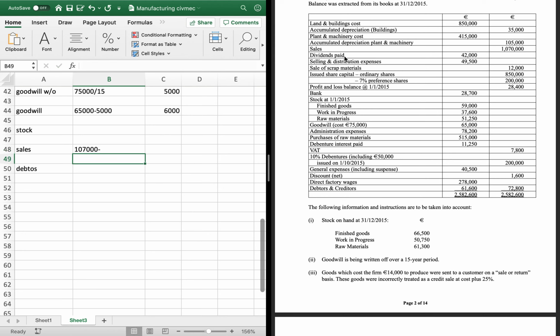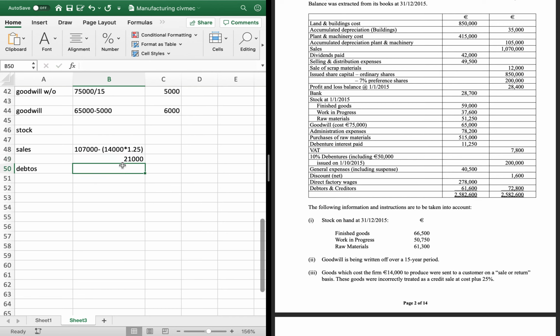So 14,000 by 1.25 is, so sales need to go down by that, which is equal to 21,000.